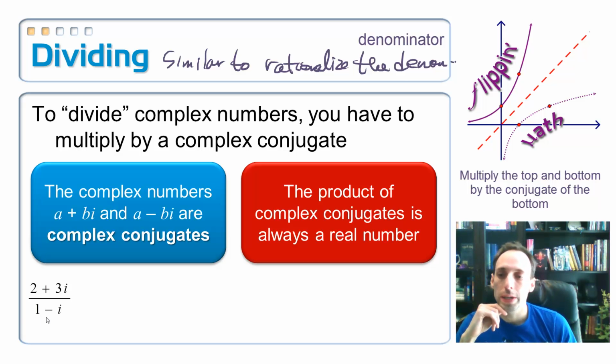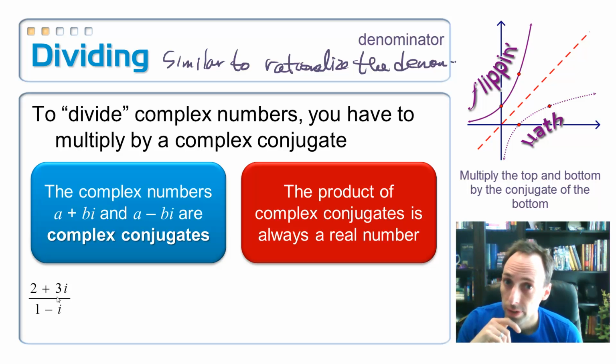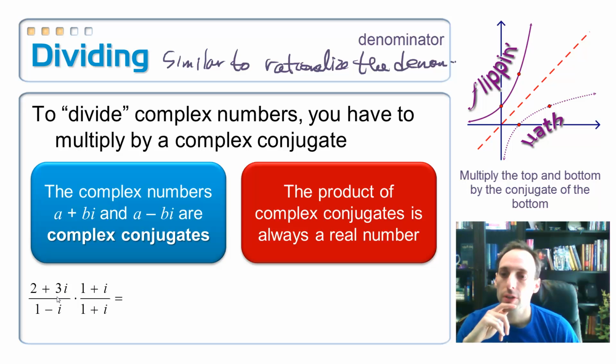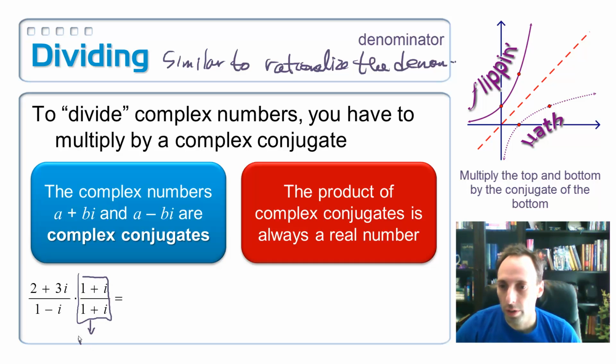The bottom is 1 minus i, so its conjugate is 1 plus i. So multiply that on the top and the bottom. Remember, I get to do that because this was just a fancy 1. It's like I'm not changing it, but it's going to look different.